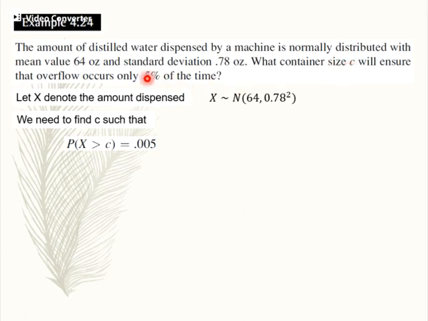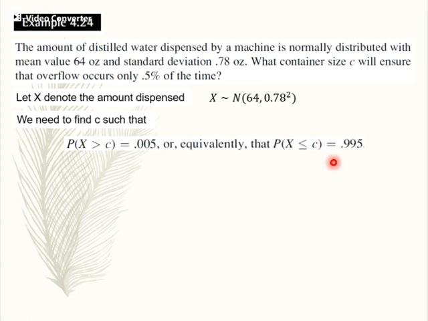Now we've been given the probability and asked to find something. So this is how you take this statement and turn it into a mathematical expression. Another way of looking at this is the probability that X is less than or equal to C is 0.995. Let's quickly break this one down, and then we'll continue from there.